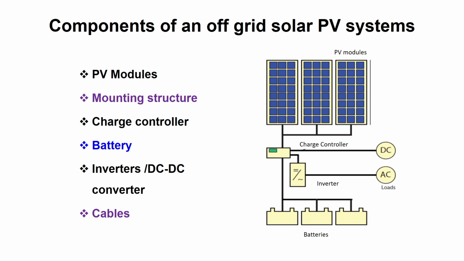So, as far as the components of an off-grid solar PV system are concerned, it comprises PV modules of the required number, and a charge controller which protects the battery from overcharging. We will have an inverter.